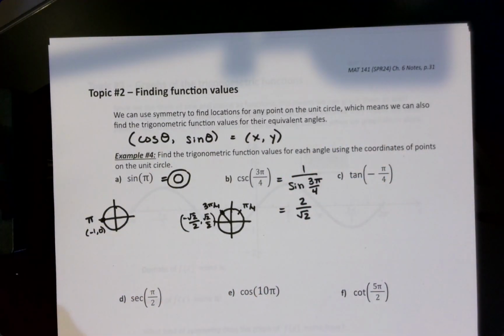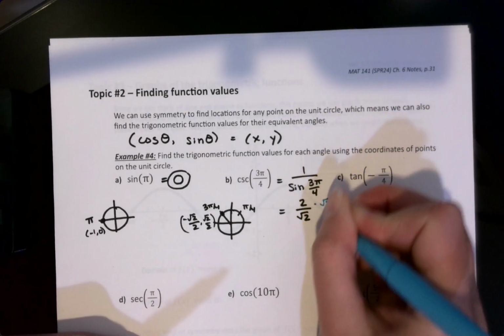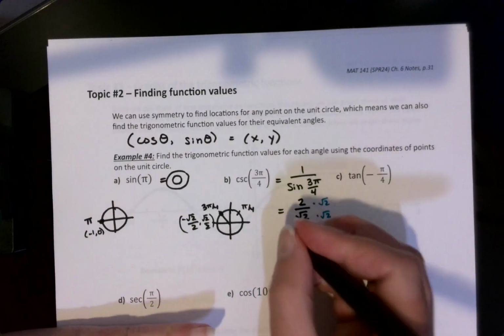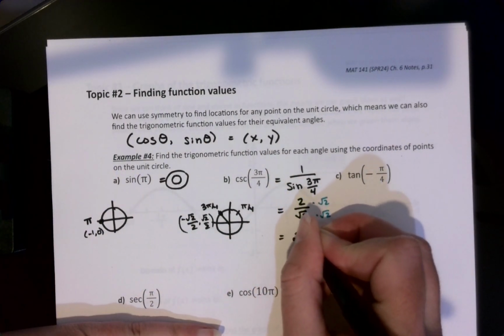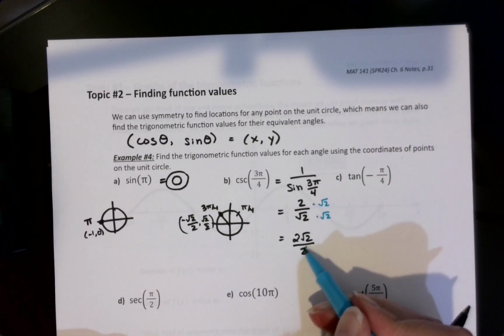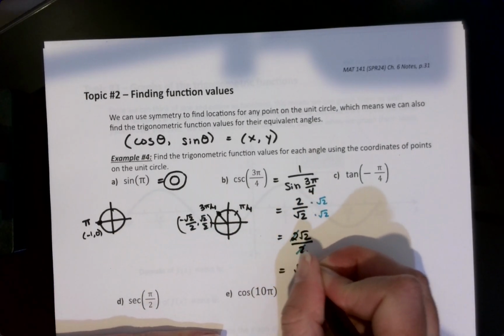And then we will rationalize this because it's one of our special ratios. So we'll multiply top and bottom by root 2. And that would give us 2 root 2 over 2. Square root of 2 times square root of 2 is 2. And those reduce. So this gives us root 2.